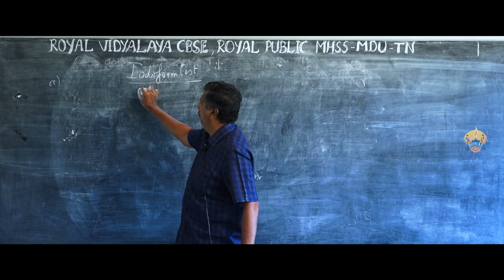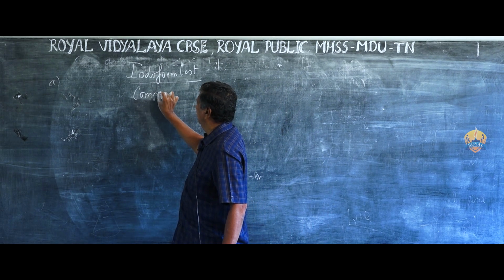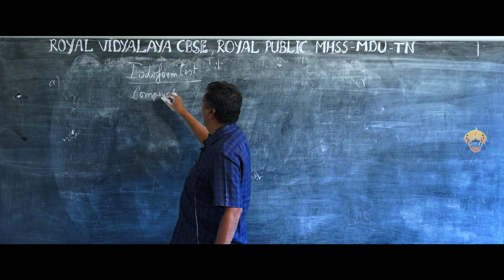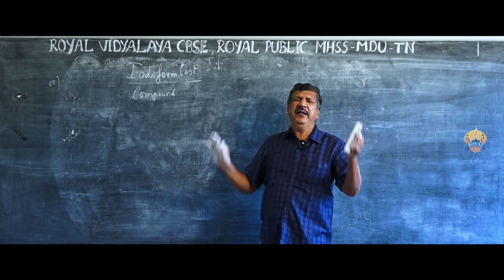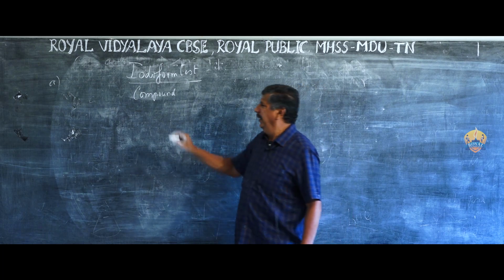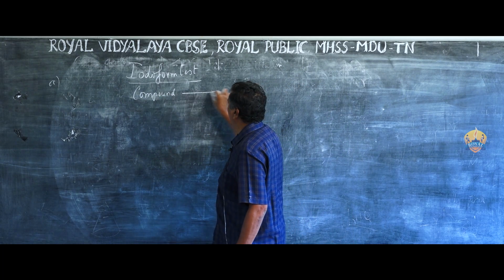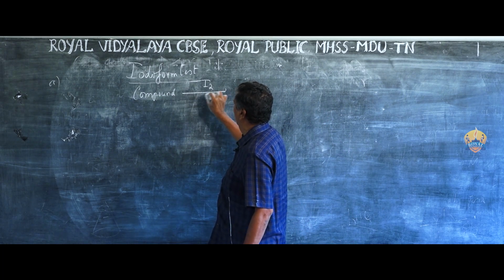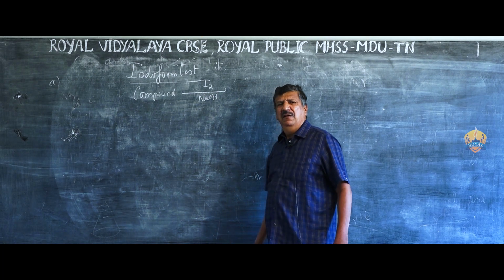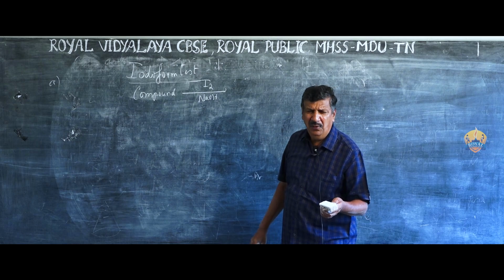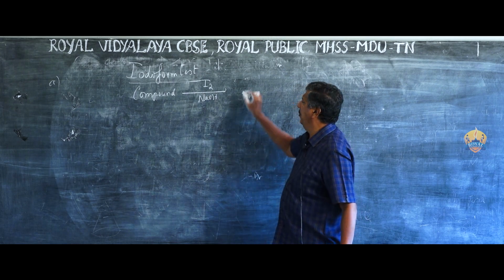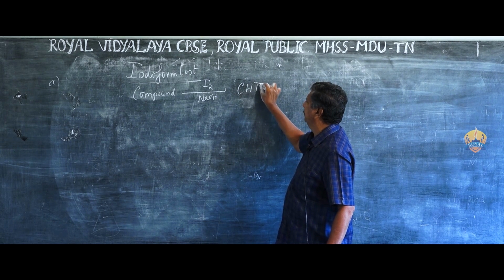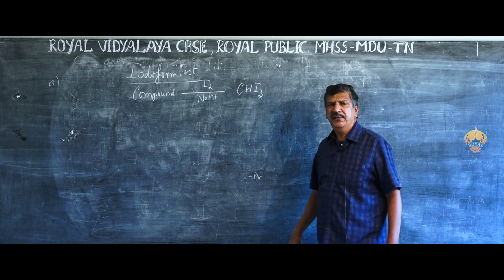You take any compound; I'll tell you all the compounds later on. If it answers the iodoform test, you should understand this: when that compound is treated with iodine and alkali, it gives iodoform.